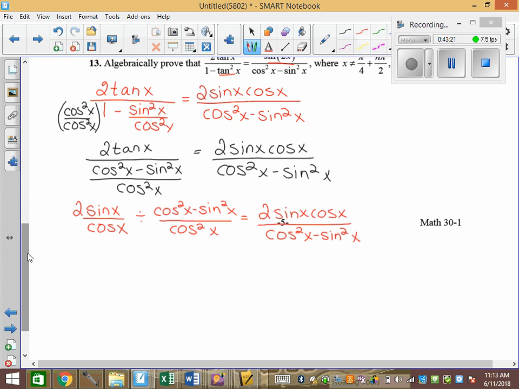Verification only proves it works for one thing. Graphs only prove it works for that part of the graph. So if you want a perfect proof, you'd actually have to physically prove it. Okay, so we flip. So we get 2 sine x over cos x times cos squared x over cos squared x minus sine squared x.